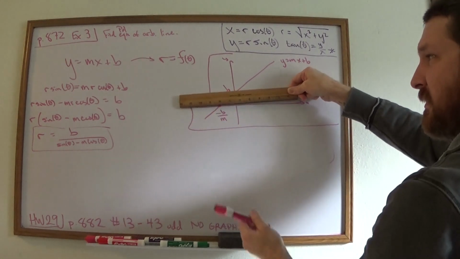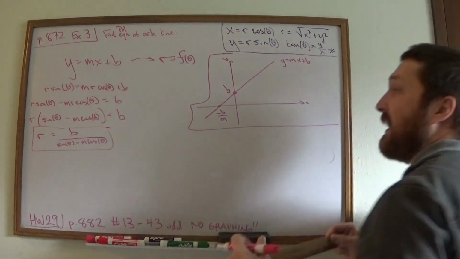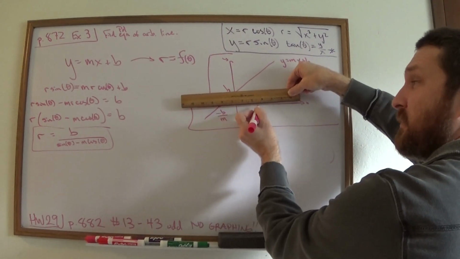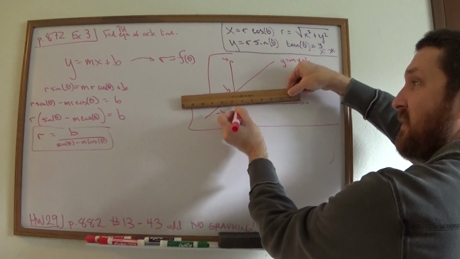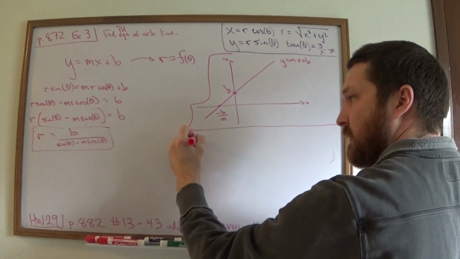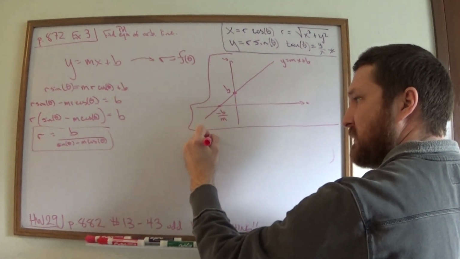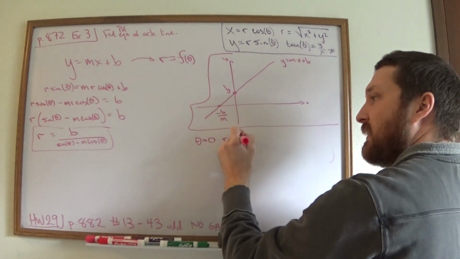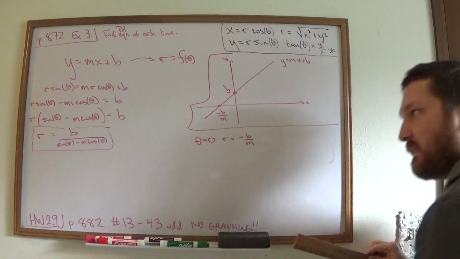Oh, negative b over here. And so think about it. If it were b over m, it would be in the positive direction. But here it's saying go to the negative direction. So what I'm saying here is when theta is equal to 0, then r should be equal to negative b over m. Everybody buy that?